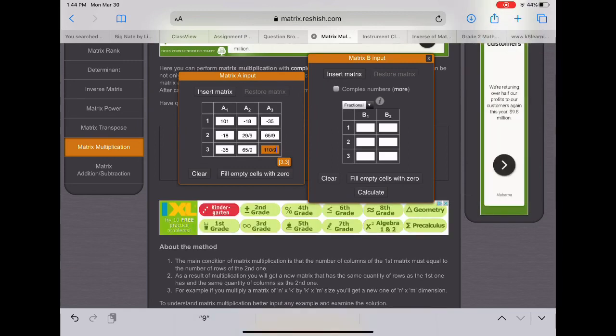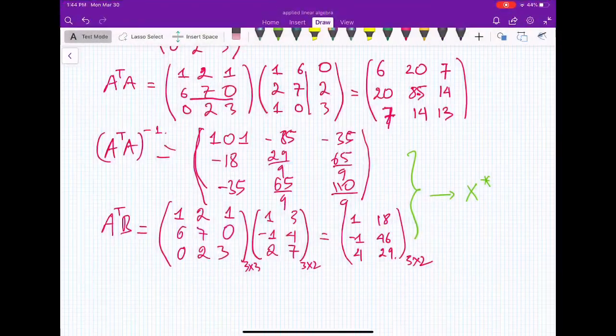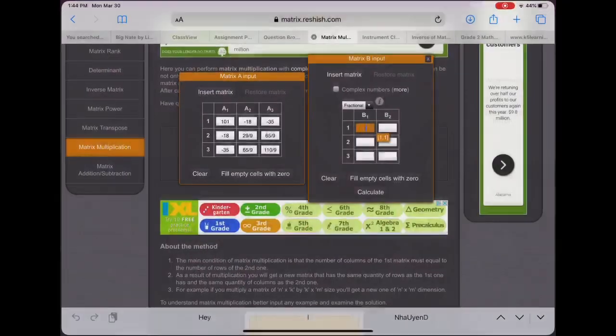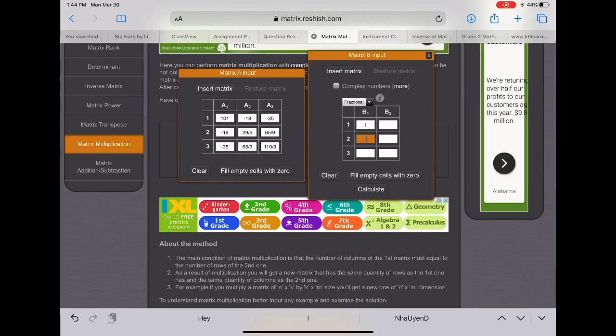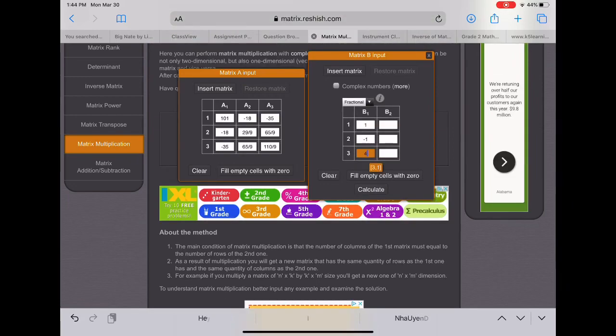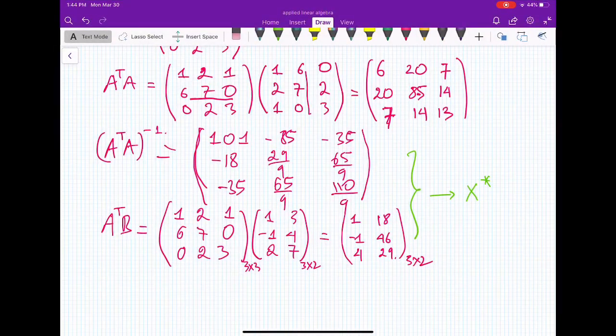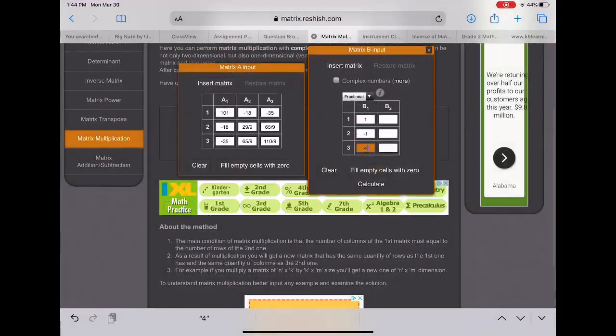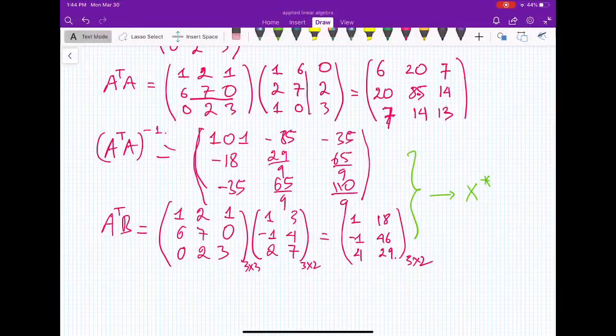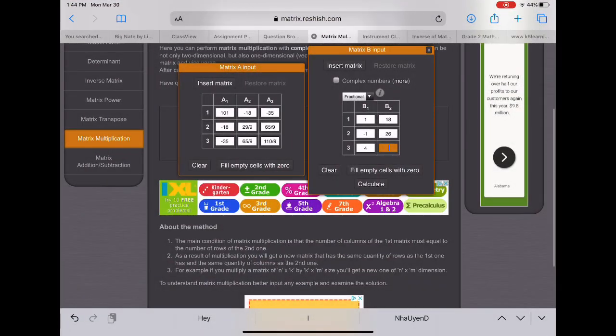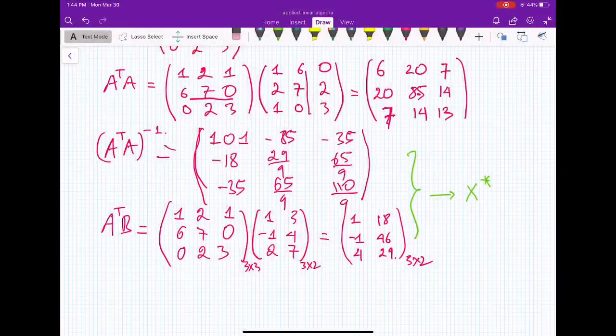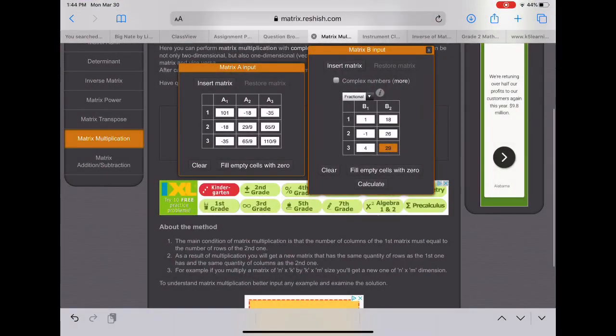And then the second one, we have right here 1, negative 1, 4, and the second column is 18, 46, 29. My bad.